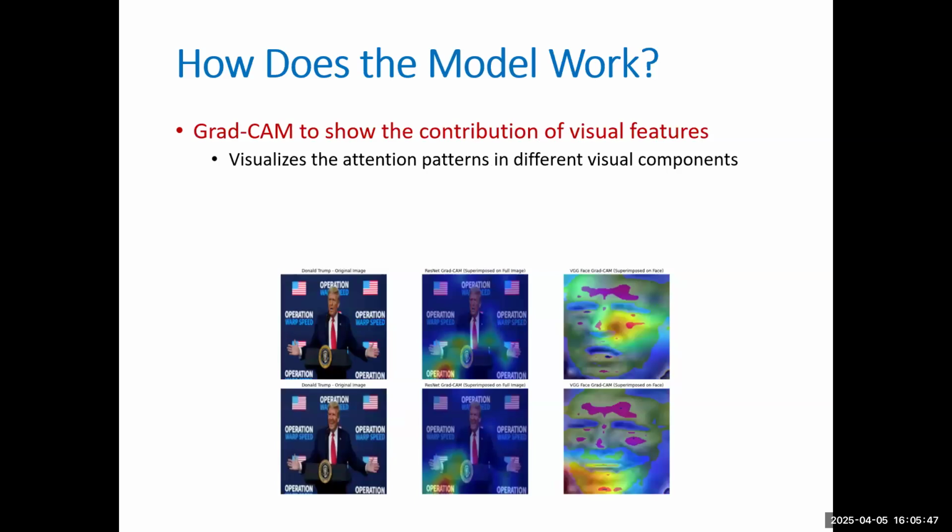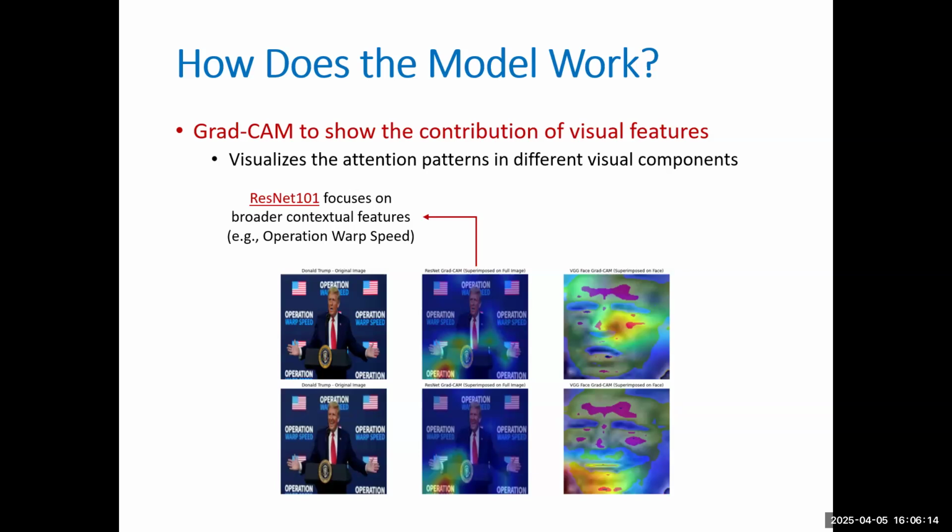So now, just to see how the model works here, we use Grad-CAMs to see where the model pays more attention in predicting the outcomes. So these are two versions. This is the original version of this image of Trump, and this is a smiley version of it. As you can see for the contextual features, the heat map shows that it pays more attention to Operation Warp Speed.